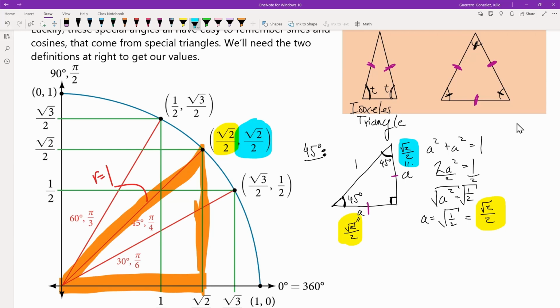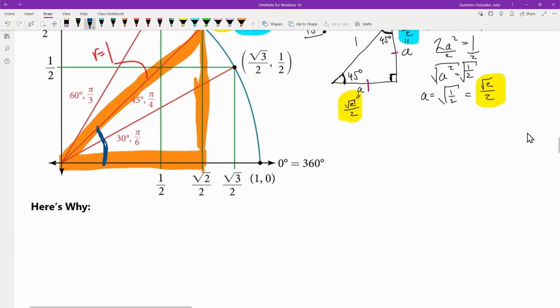We have found the measurement for sine and cosine for 45 degrees, because that's what we were basing all of this off of, right? Bam. Easy peasy, right? All right. So now I did the 45.